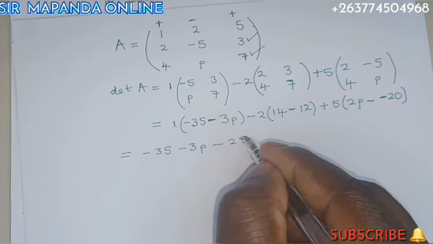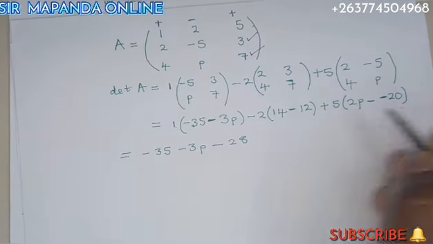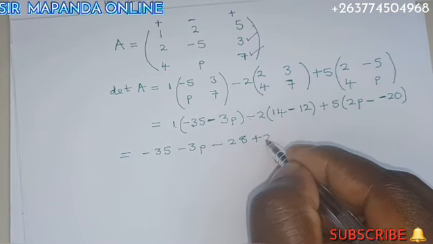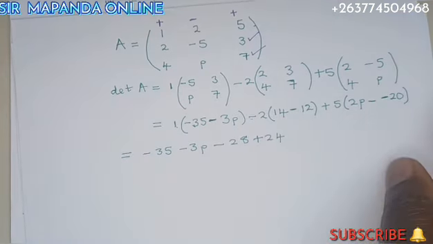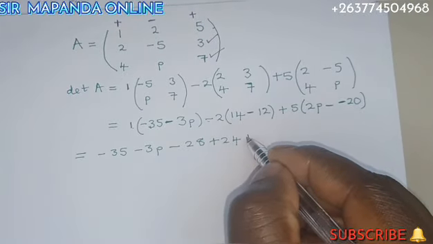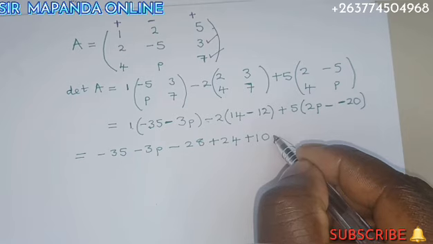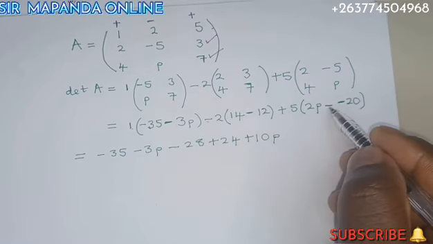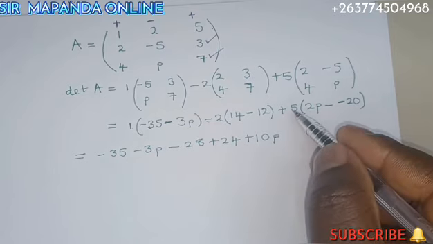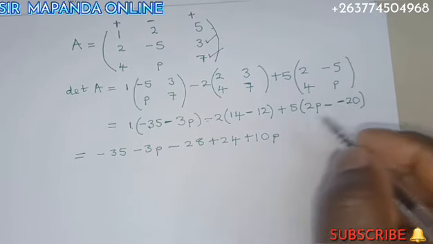It gives you minus 28. Then minus 2 times minus 12. You get plus 24. I hope you are following. 5 times 2P. It gives you 10P. Then remember the 2 negative signs, they've produced a positive sign. So it's now 5 times plus 20.